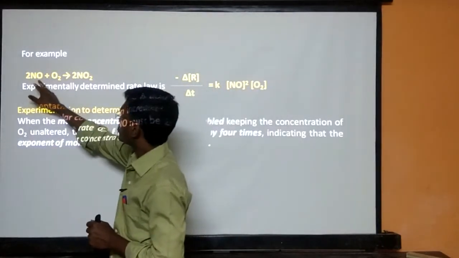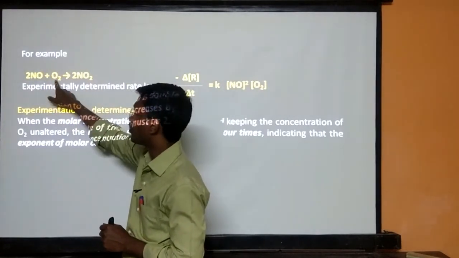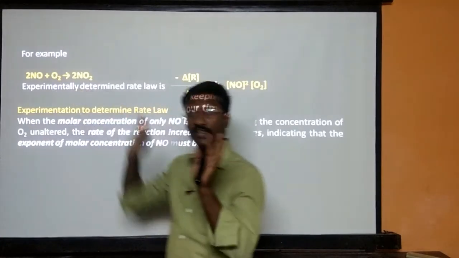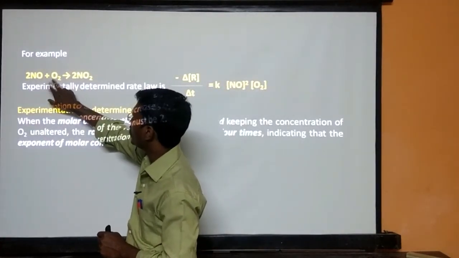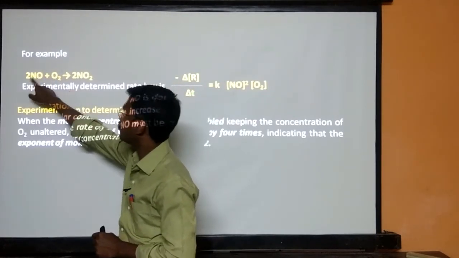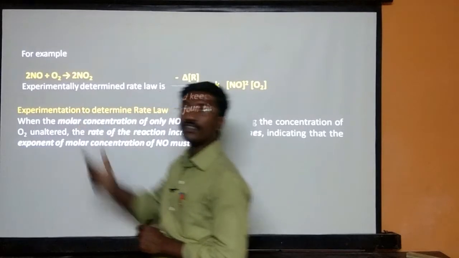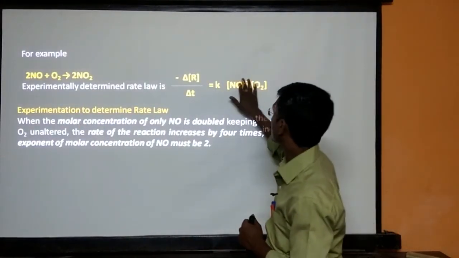Here, when the concentration of NO is doubled, what happens to the reaction? At that time we are not changing the other concentration; it remains the same as initially. Next time we double the concentration of O2, and we do not change the other one. Then we see how the reaction changes. Based on that, we represent the powers.